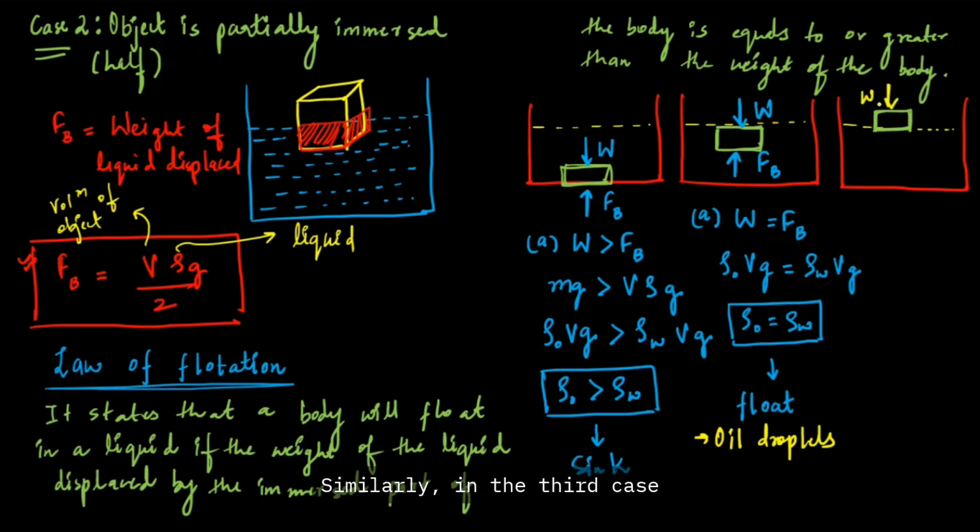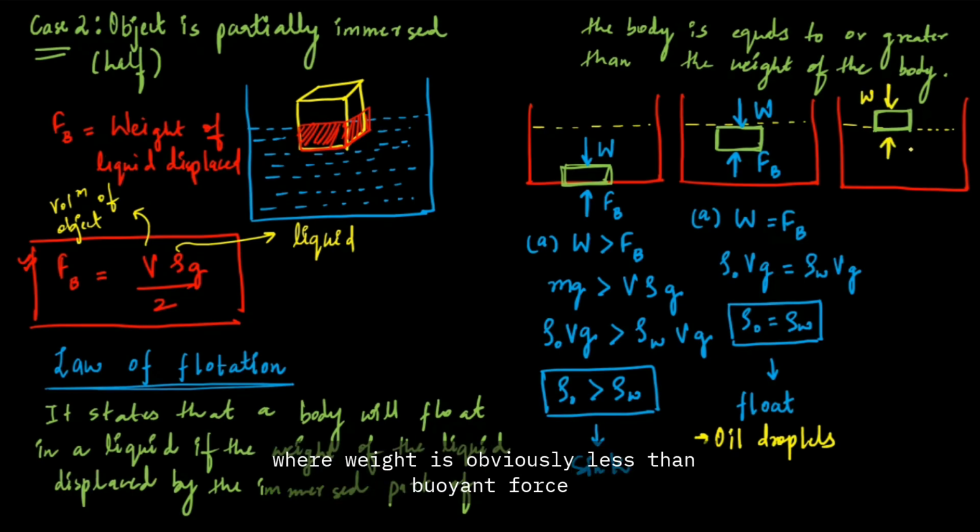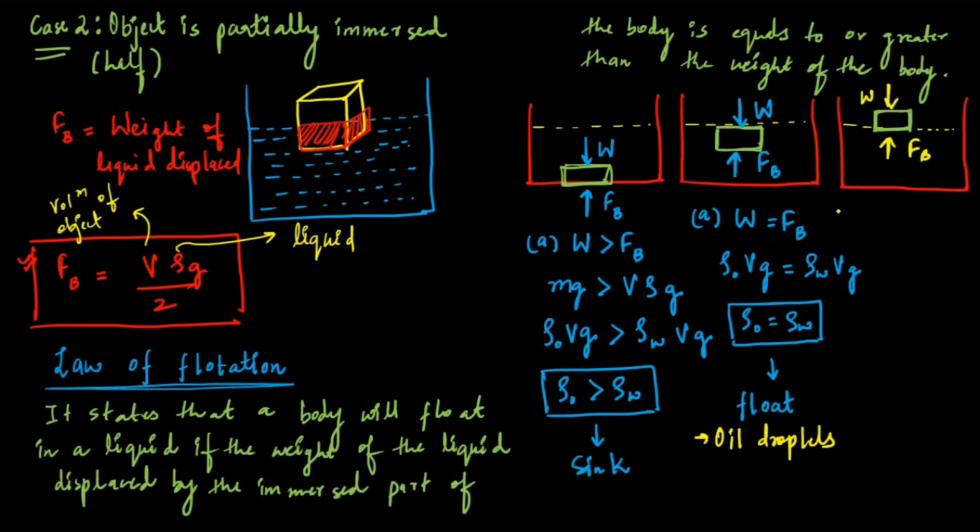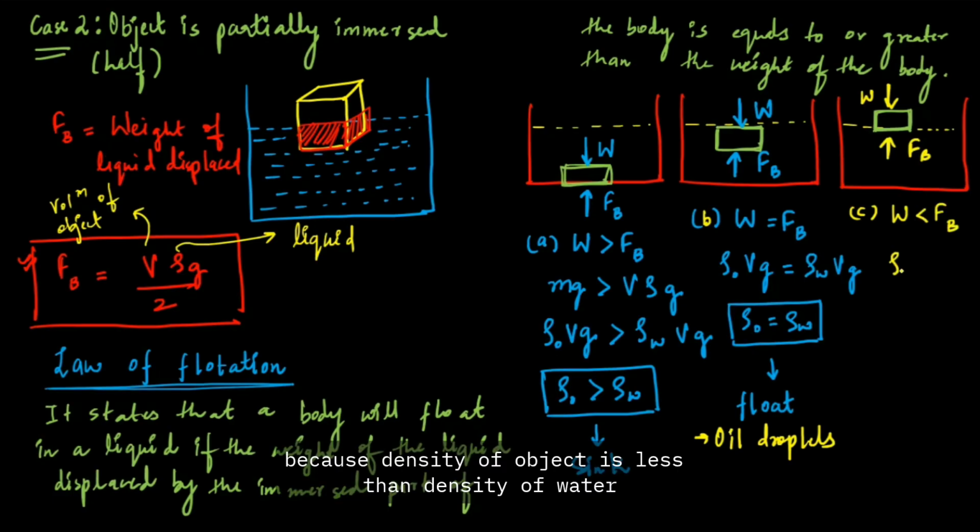Similarly, in the third case, where weight is obviously less than buoyant force, we observe that the object will completely float. It won't even get inside. So here, weight is less than Fb. And the only reason why weight is less than Fb is because density of object is less than density of water.